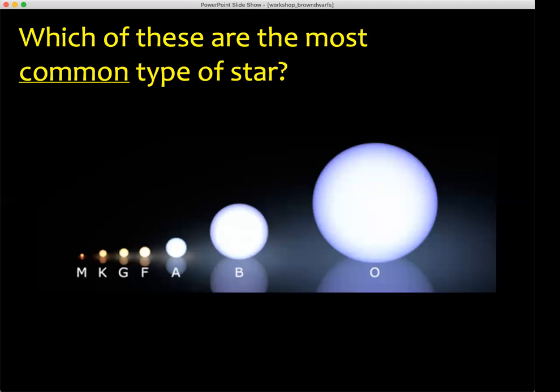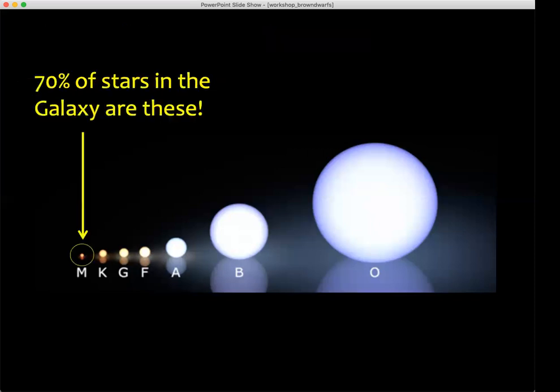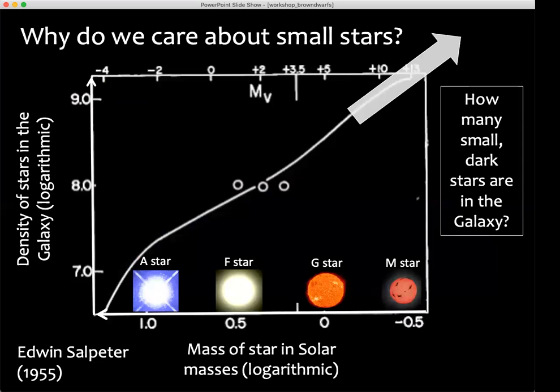Yeah. Okay, good. And that's the answer, and it's not even close. 70% of the stars in the Milky Way, at least in the solar neighborhood, are these tiny little stars. They overwhelmingly are the most common types of stars that we have out there. This was actually known a long time ago. This is a plot from back in the 1950s. Edwin Salpeter is a very famous astronomer.